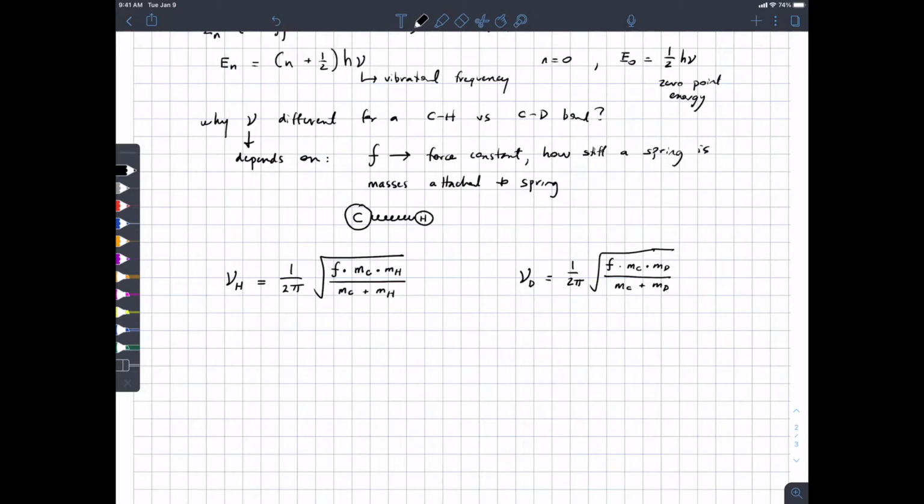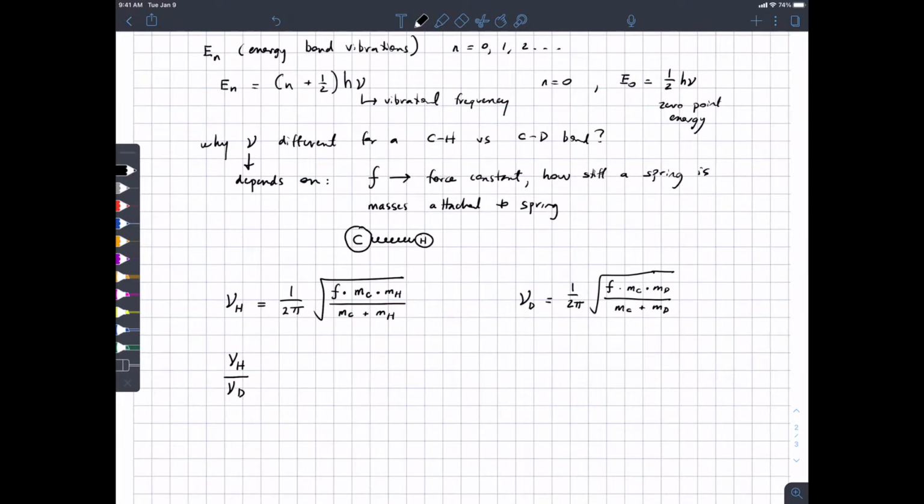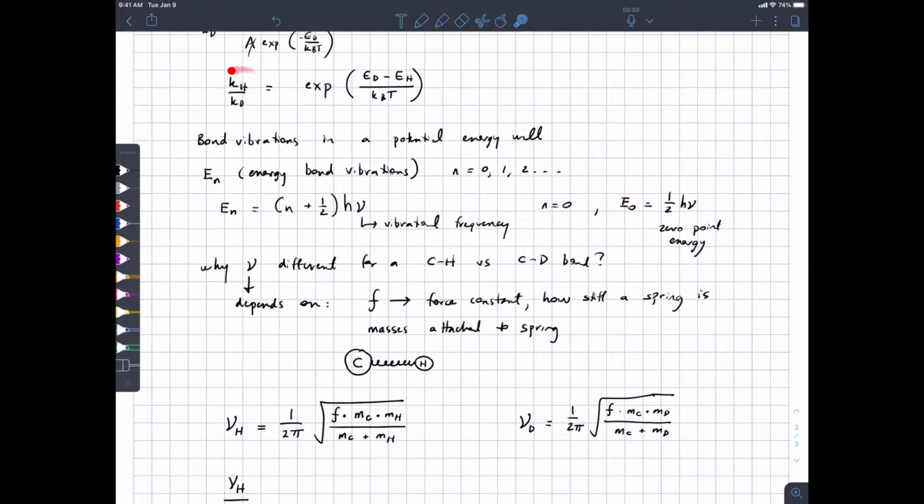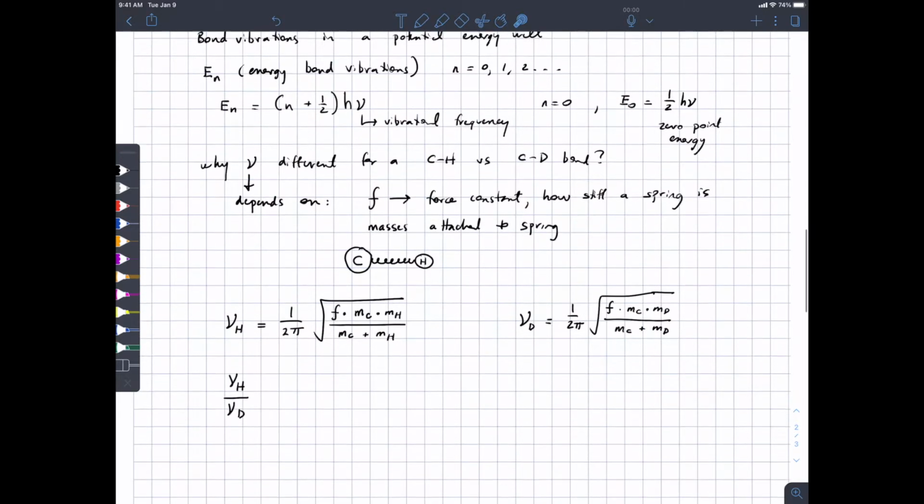So let's compare these two vibrations, shall we? Because if we can compare the vibrational frequency for hydrogen versus the vibrational frequency for deuterium, we can get an idea of what these energy differences are. And if we know the energy differences, we can predict what the kinetic isotope effect is.